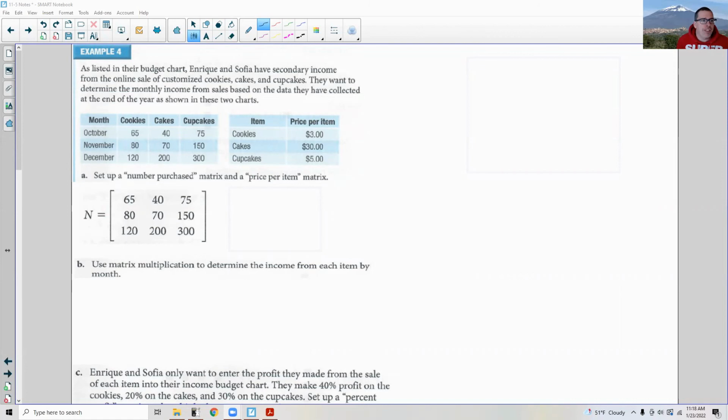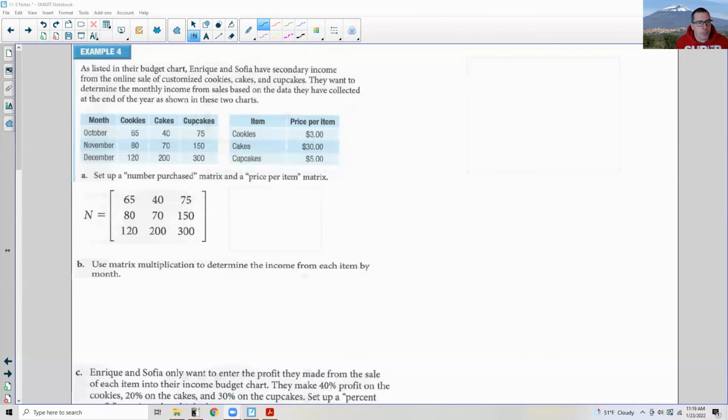So example 4 says, as listed in their budget chart, Enrique and Sophia have secondary income from the online sale of customized cookies, cakes, and cupcakes. They want to determine the monthly income from sales based on the data they have collected at the end of the year, as shown in these two charts. So the month is October, November, December.